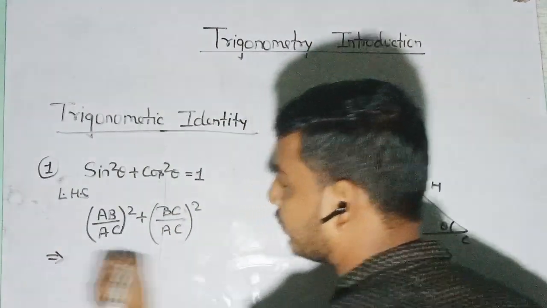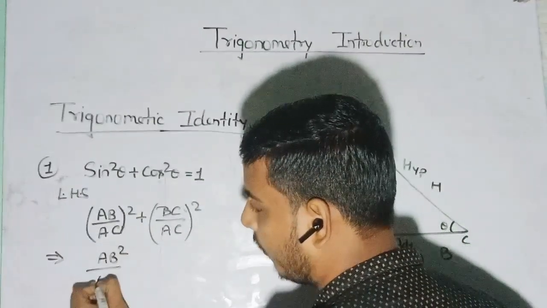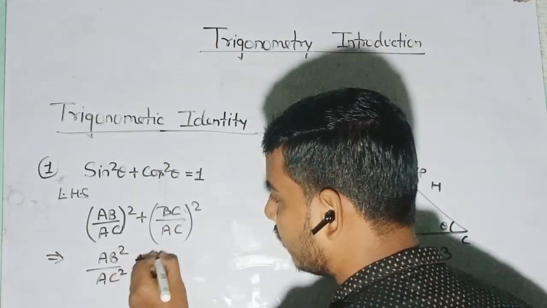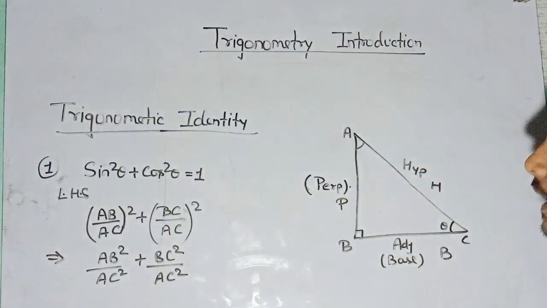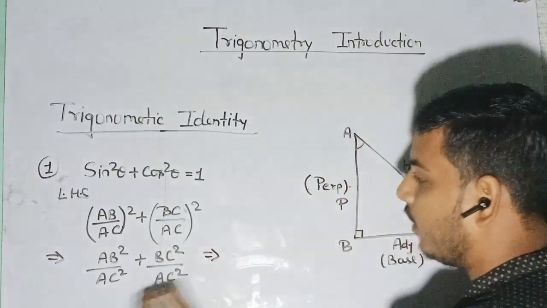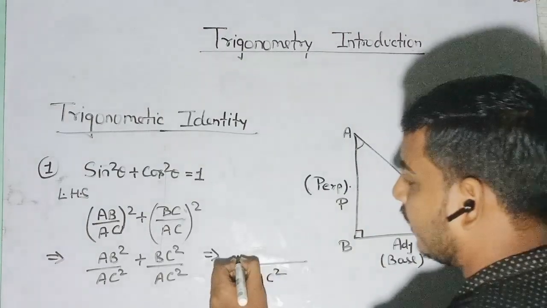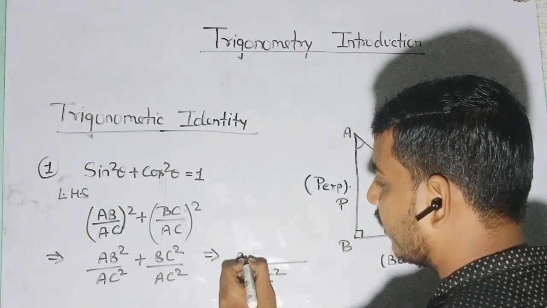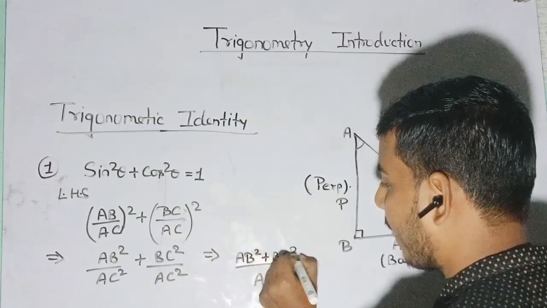Now we can say AB square upon AC square plus BC square upon AC square. We open the bracket. Now if we take the LCM, that is AC square, in the numerator we can write AB square plus BC square.